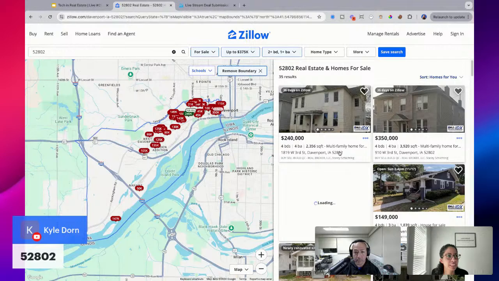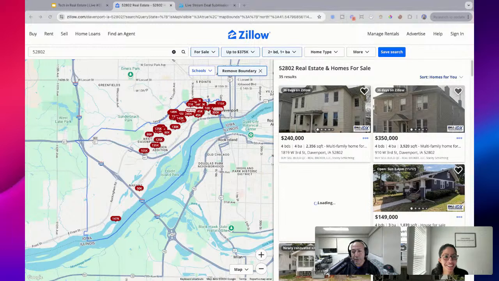This is bringing us to Iowa. Kyle, if you're there, maybe you can throw in more from your buy box, and that way we can also play with it. So if you're still there, throw in what your buy box is.